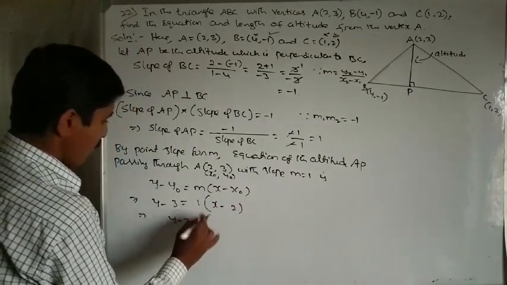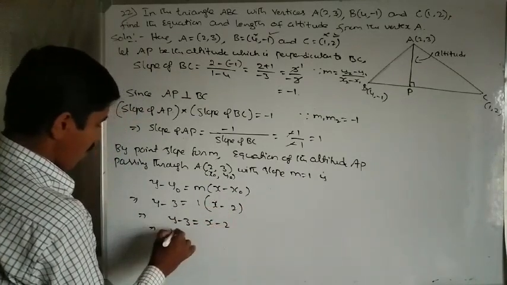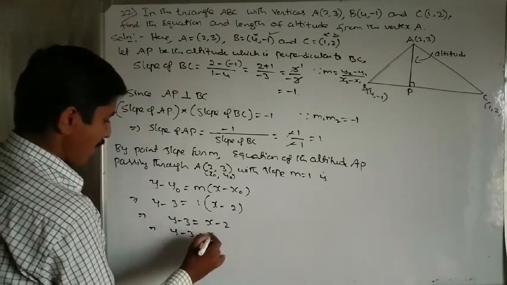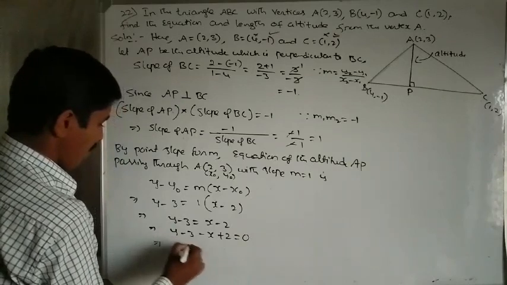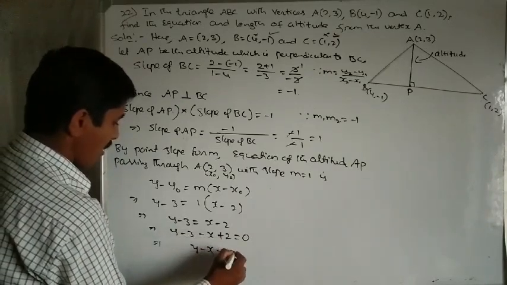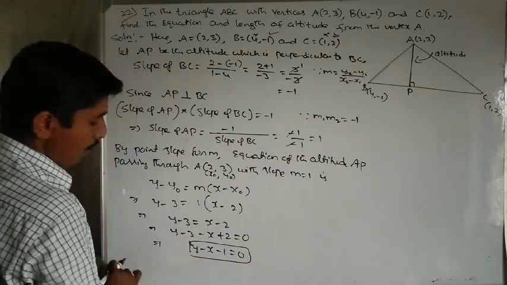Y minus 3 is equal to 1 times x minus 2. Taking these terms on the left side, plus x becomes minus x, and minus 2 becomes plus 2, equal to 0. Y minus x minus 3 plus 2, that is y minus x minus 1 is equal to 0. Got it? Which is the required equation.